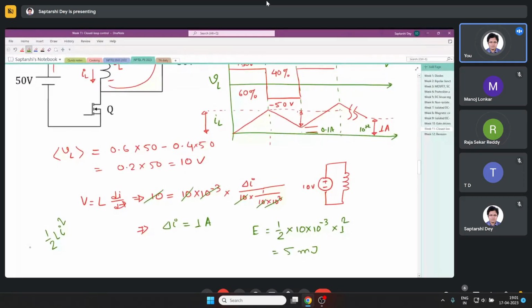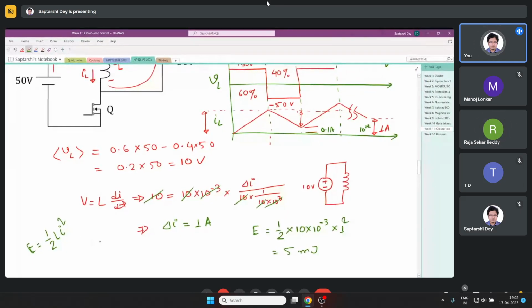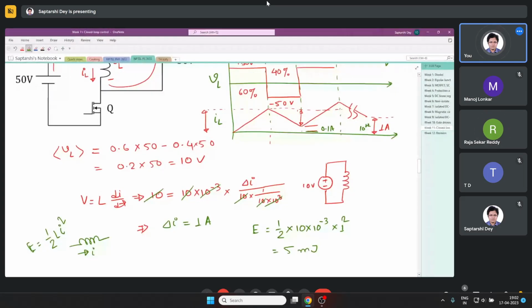So energy is always stored. Is this energy equation applicable even though L is varying, sir? Even though L is varying, yes, this is the instantaneous energy stored in the inductor. At any moment, if the current flowing through the inductor is I, then the energy stored in it is half L i squared.